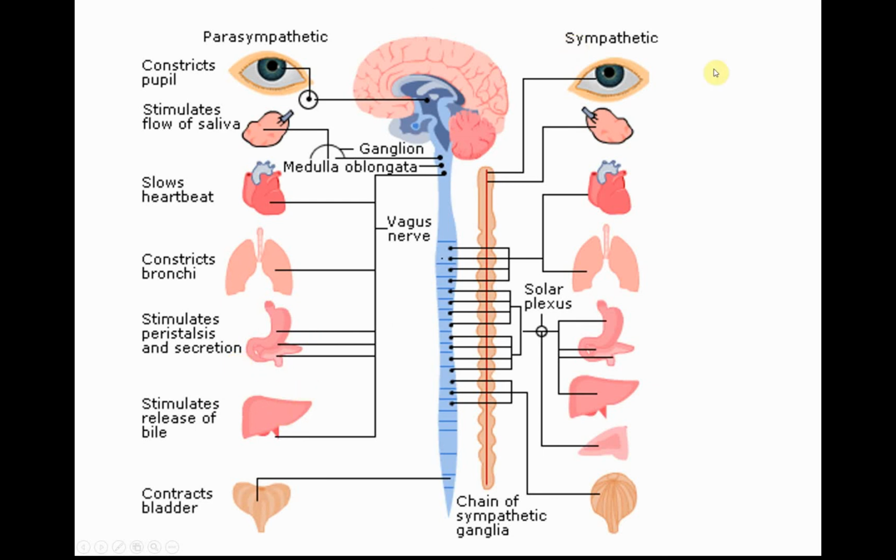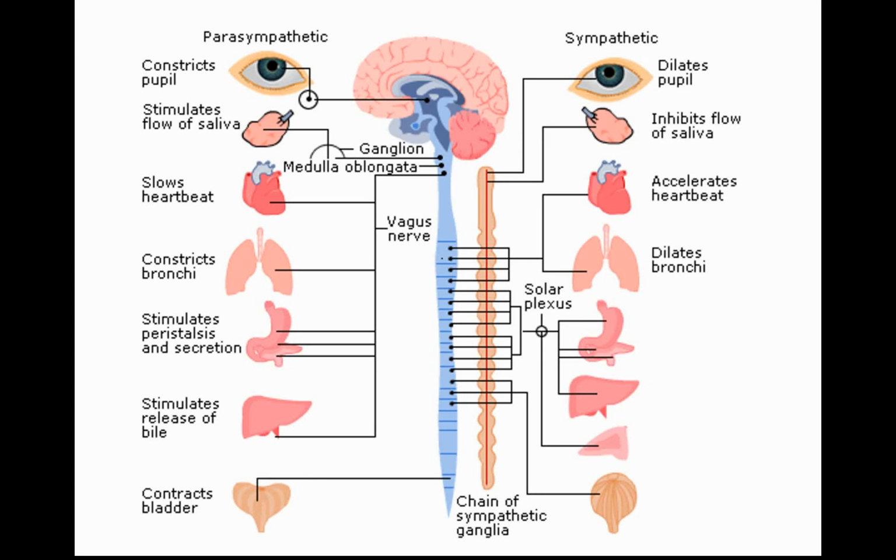Okay, whereas the sympathetic nervous system is effectively the opposite. So you've got dilation of the pupils, so letting more light in, so time of stress, time of activity, needing to see what's going on around you. Inhibiting the flow of saliva, so this is switching off the activity of digestion.